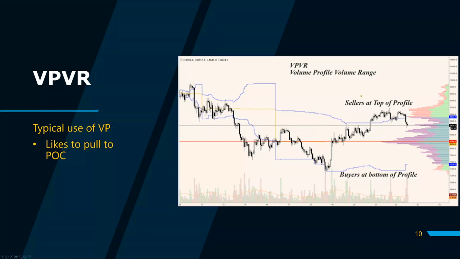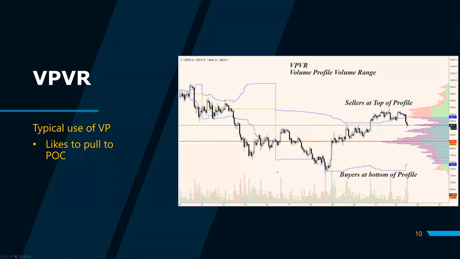If you look over here at this chart, you can see the point of control is this red line here, right? So we drop below this red line and buyers at the bottom of the profile, or value area low, start to buy it up. They bring it back to point of control. Point of control becomes a pivot point. It gets over it and then it goes to value area high and then comes back down to point of control. Okay.